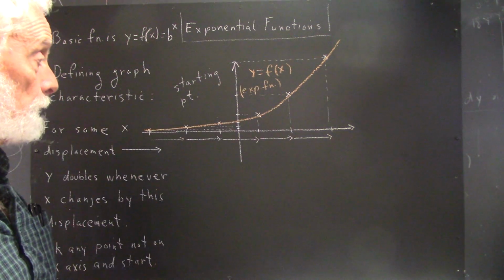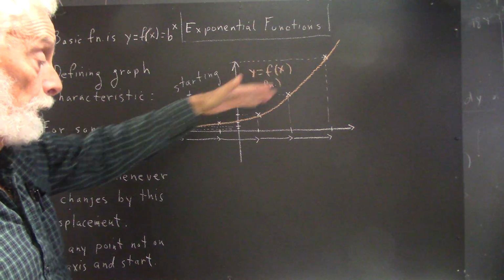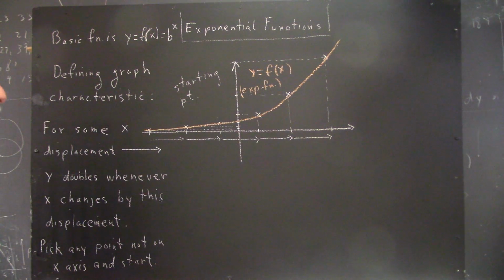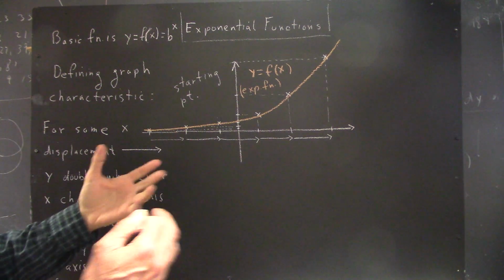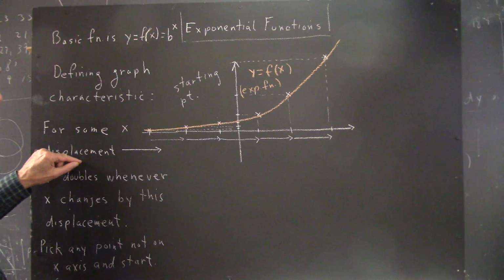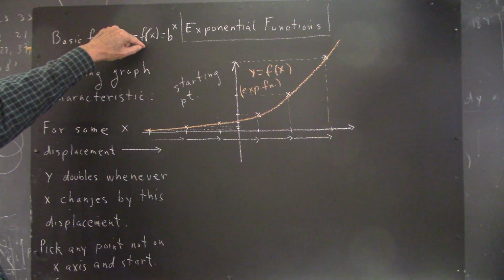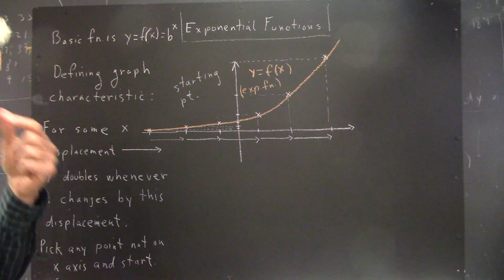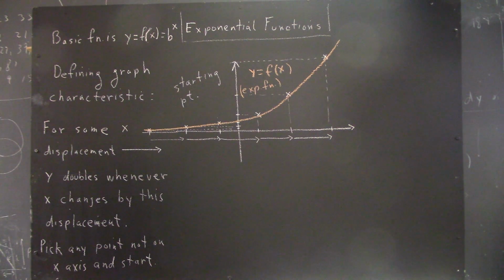The same x displacement will double no matter which point there is on the graph. And in a fairly deep sense, that allows us to claim at least, and we'd have to prove it, that this condition is equivalent to this condition. Now that gets fairly deep into the idea of analysis, and we probably won't talk about that anytime real soon. But it's kind of an important idea, so I slip it in here just to get your wheels turning a little bit.